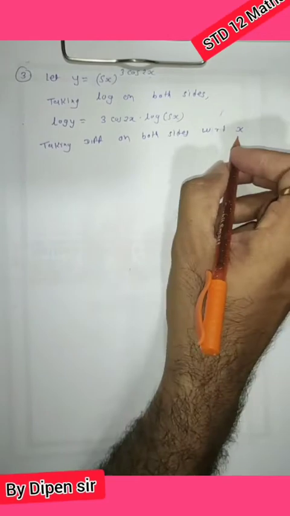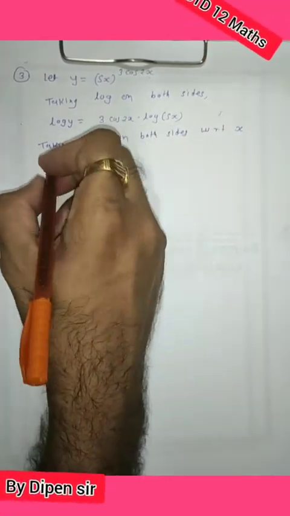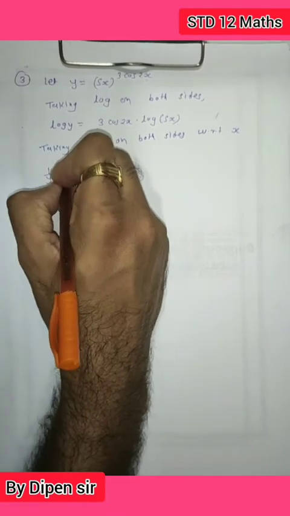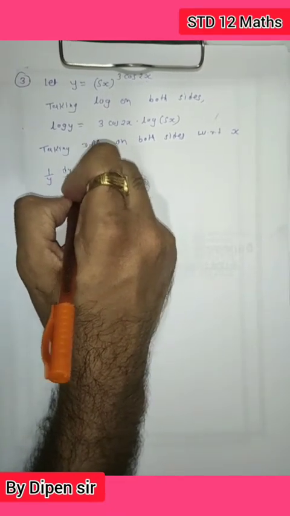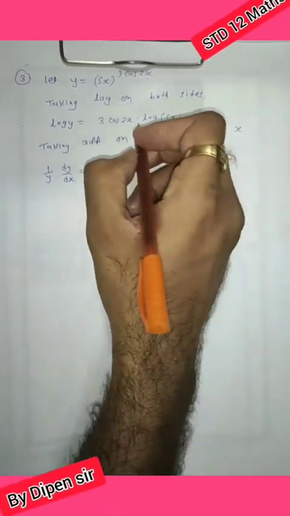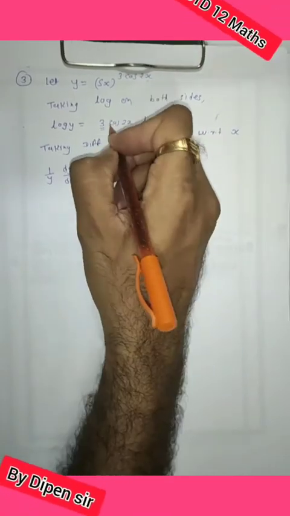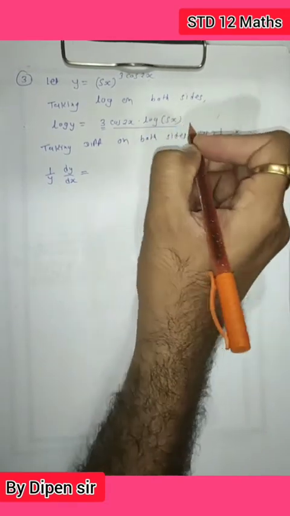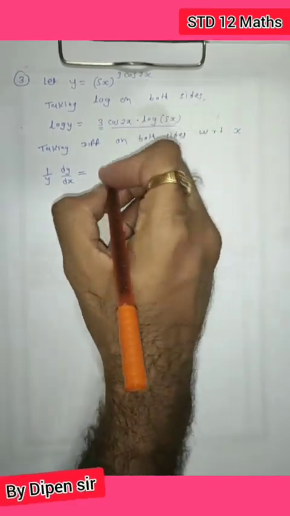So taking differentiation on both sides with respect to x, so differentiation of this log y is 1 upon y dy by dx equal to, now students, here we can take this 3 as a constant, and you have to differentiate these two functions which are in multiplication.